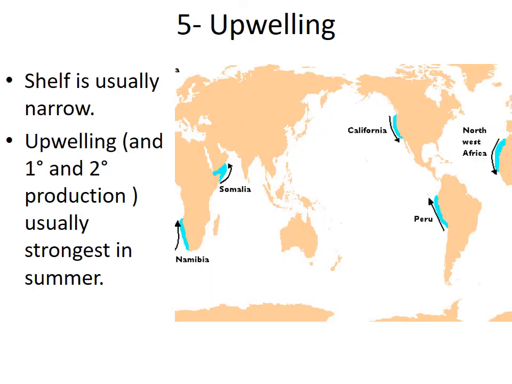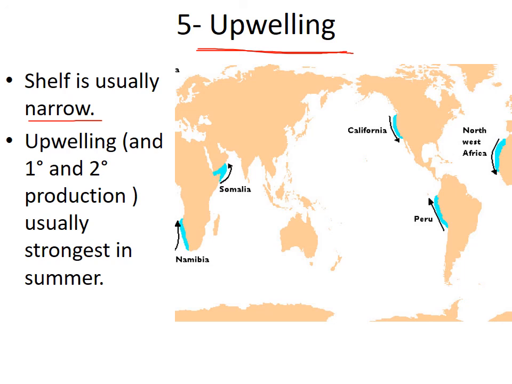In certain parts of the coastlines of the world, particularly on the west coast of continents, and particularly where the continental shelf is narrow, so there's a quick drop-off to the deep sea, you get these upwelling-driven continental shelf ecosystem types, where there are prevailing wind patterns that cause nutrient-rich waters from the deep sea to deliver nutrients to the continental shelf and stimulate strong primary production during the times that upwelling is strong.